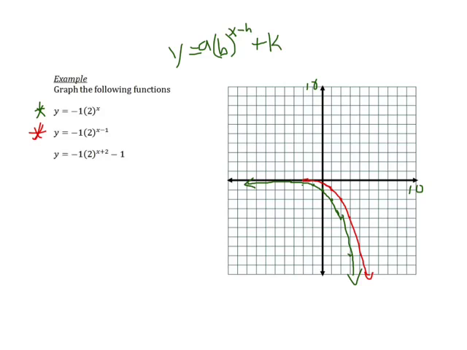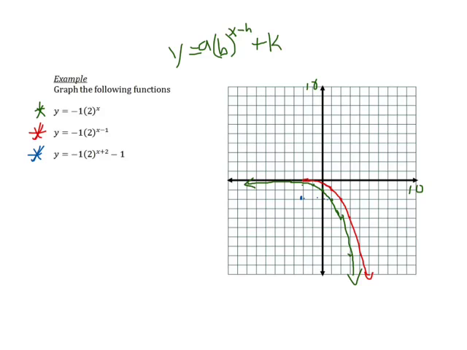And one last one here to wrap it up. Let's put it all together: upside down with the negative 1. This one's going to move left 2, and this one's going to move down 1. So if we take all these green points, which are already flipped upside down, we can move them left 2 and down 1. So this point here is going to go left 2, down 1 to here, right about there.